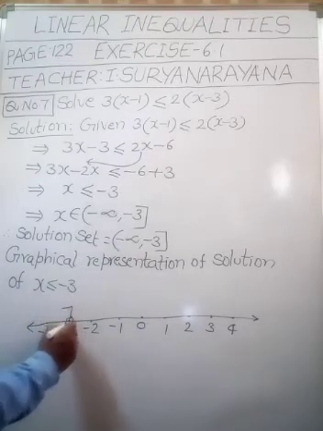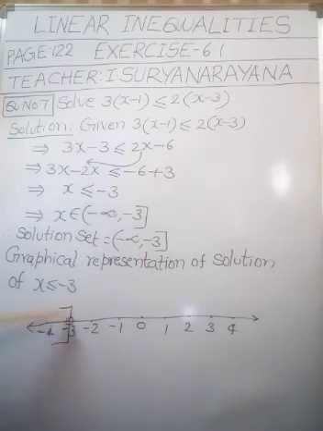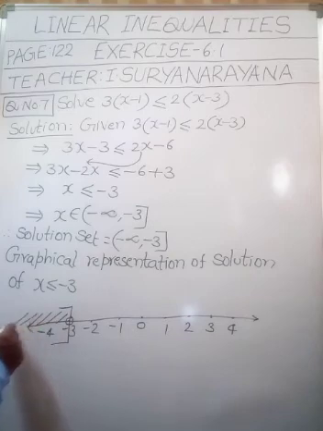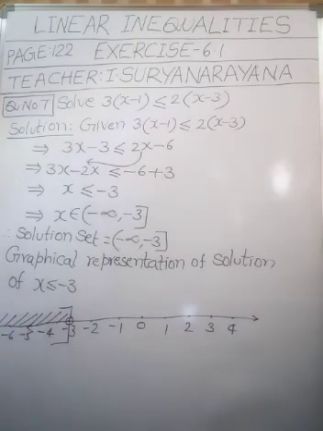So here less than or equal to, the equal to sign is there, so a closed bracket should be used. So all these numbers, this shaded region. Here minus 5, minus 6, all these numbers, minus 3.5, minus 4.1, all these real numbers satisfy this inequality. Understood this point, my dear children?